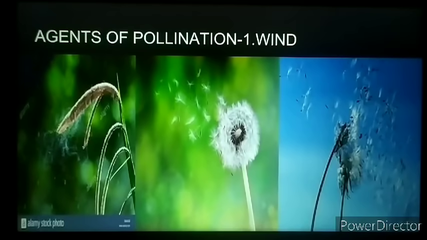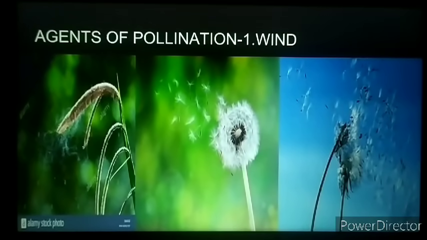Since the plants cannot move about, agents are required, and wind is the most common agent which helps in the transfer of pollen grains through the air. The flowers of plants like rice, maize, grass, etc., are pollinated by wind.